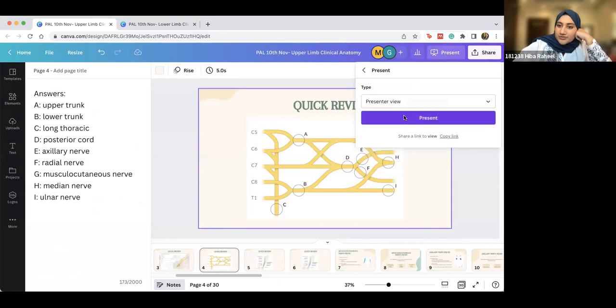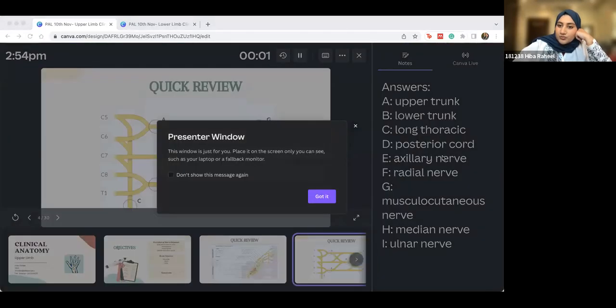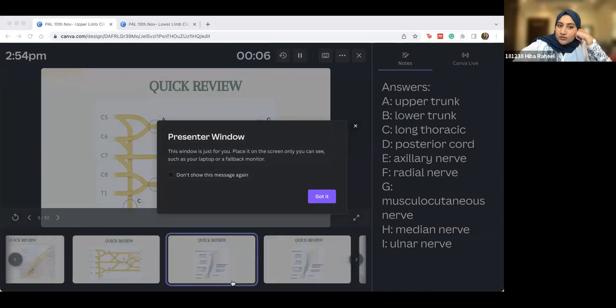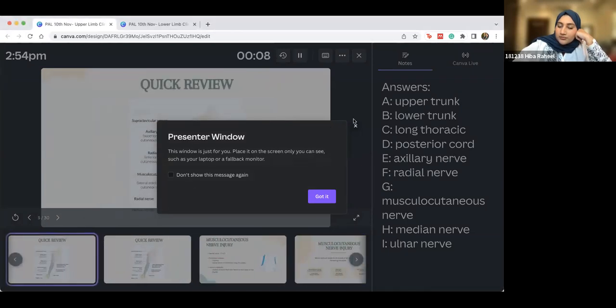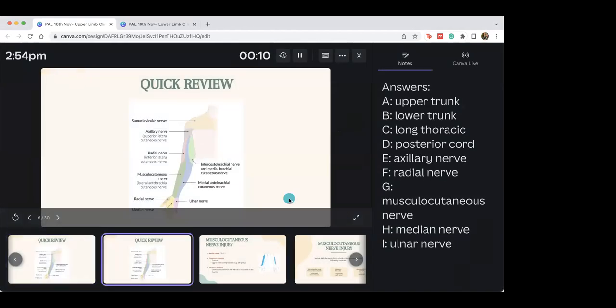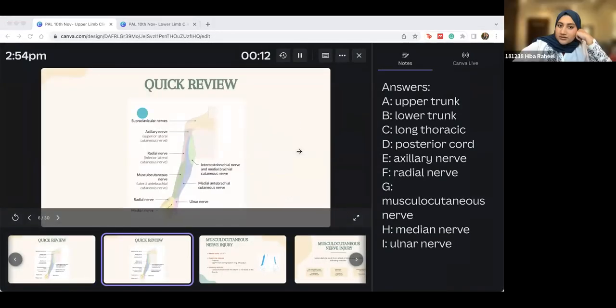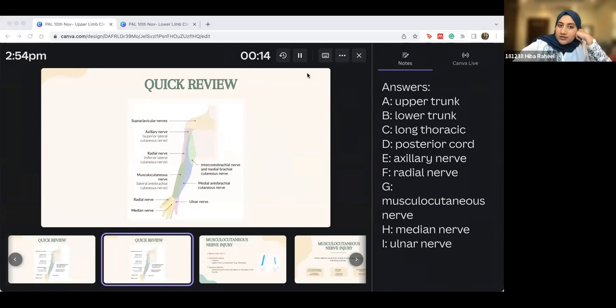I was on presenter's view. Okay, what about now? No, we can still see it. Can you see these two windows or just one?